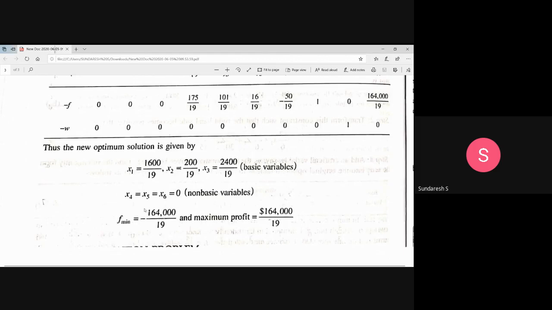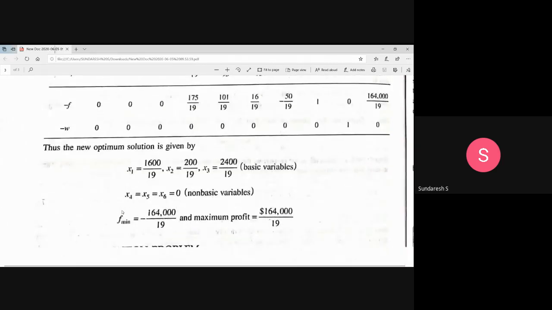Therefore, the profit, the first value, will be 1,64,000 divided by 90. This is the new optimum solution we have obtained for this problem.